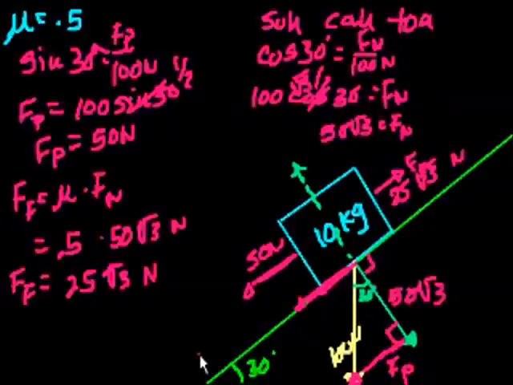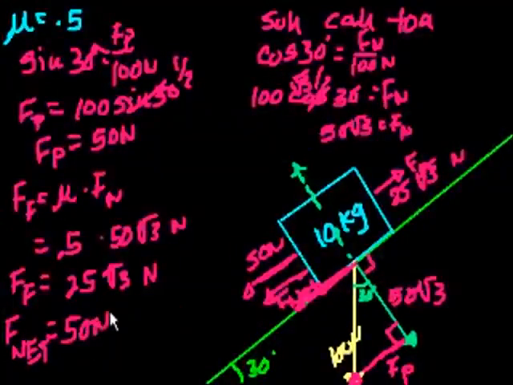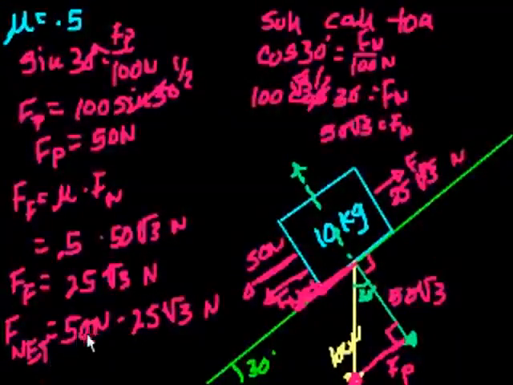So what is the net force on the object? Well, let's call this the force sub net. The force sub net is going to be equal to the force of gravity parallel to the plane, which we figured out as 50 newtons, this one, minus the force of friction, minus 25 square roots of 3 newtons. Let me figure out what that is.